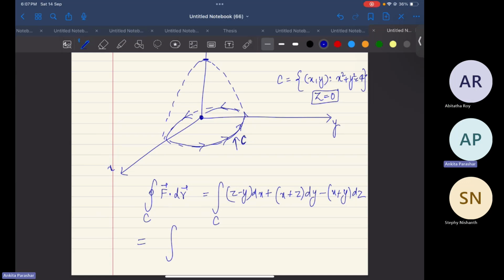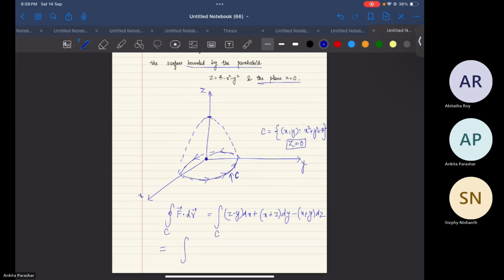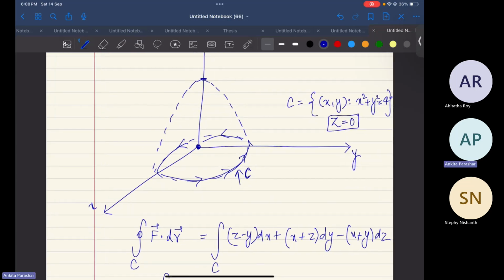Tell me, what do you do now? I think it's just left to parameterize, right?